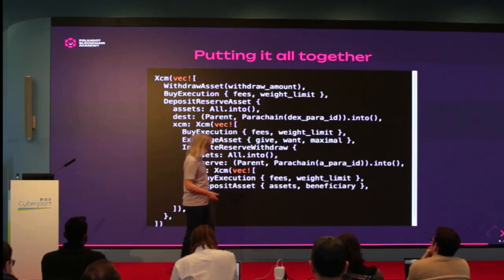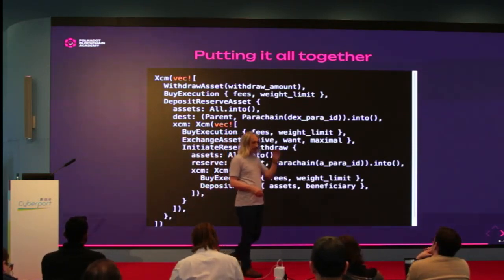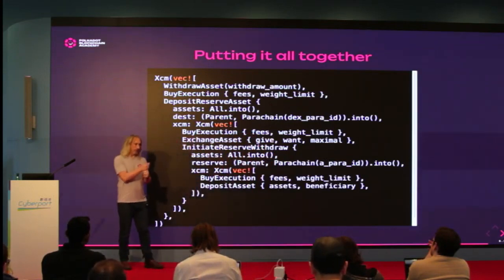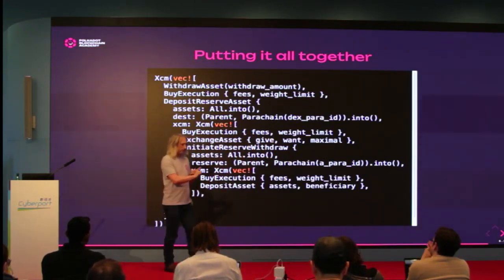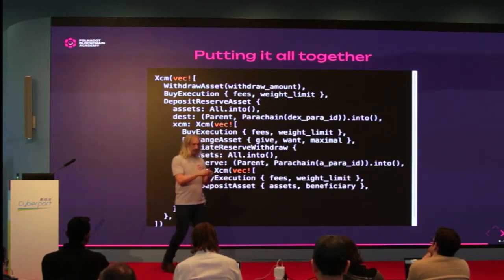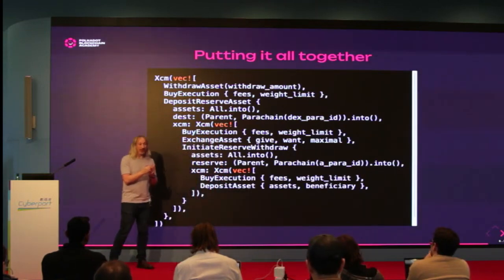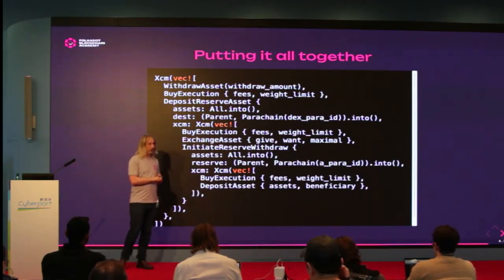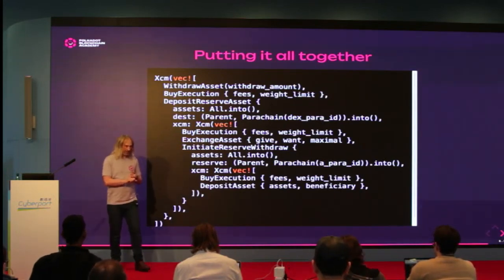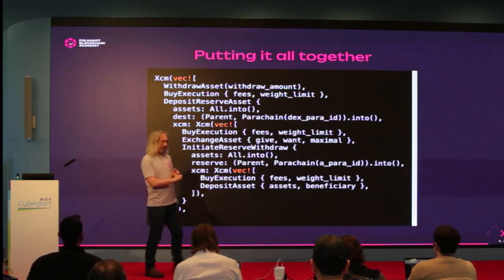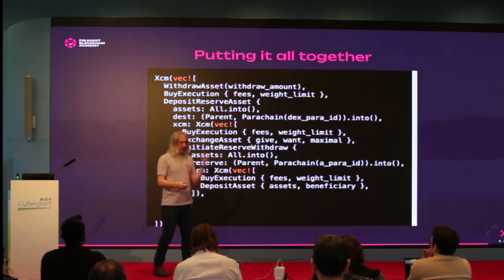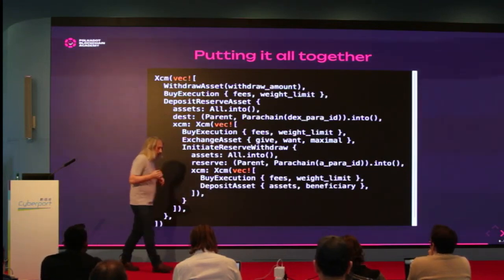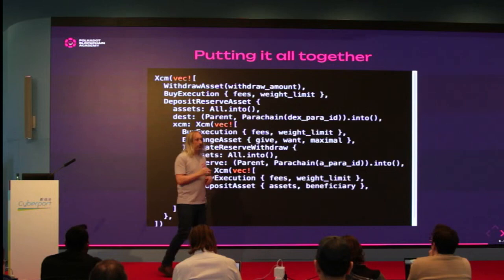And as I mentioned earlier, the barrier checks to make sure that the only instructions before buy execution are the origin mutators and something that can withdraw those assets. If there is a set appendix before, the barrier won't pass, for exactly this reason. You could put something in the appendix, and then buy execution fails, and then it runs the appendix, and you can do whatever you want in the appendix. So the barrier will ban those programs that try to do that.